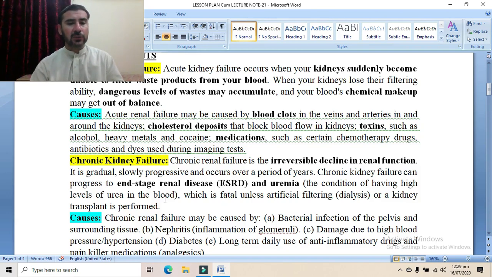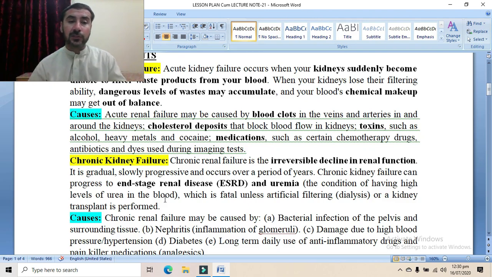If this situation sustains, if the kidney is not properly working, there is chronic kidney failure, and continuously the nitrogenous waste, particularly the urea, is accumulating in the blood. So ultimately this blood will reach various tissues of the body, and it may be fatal.